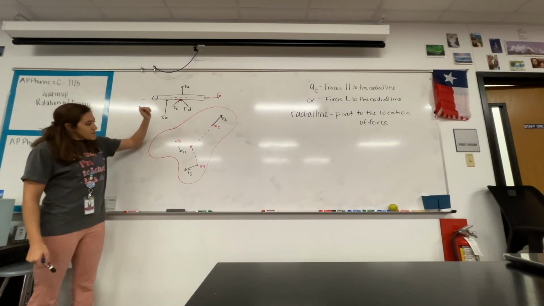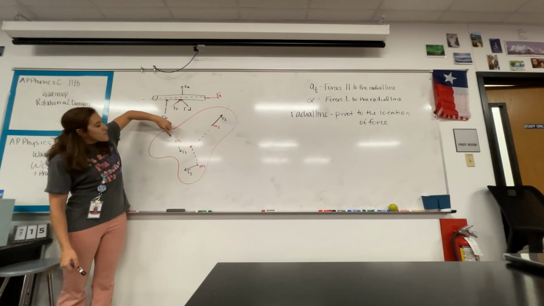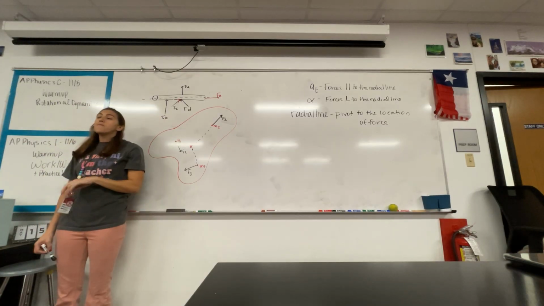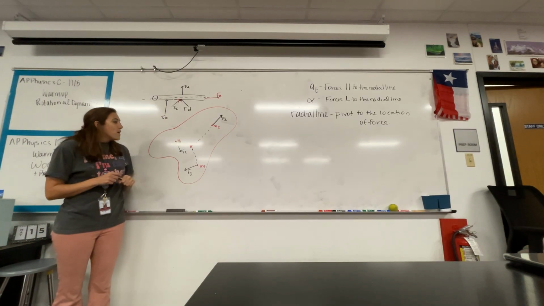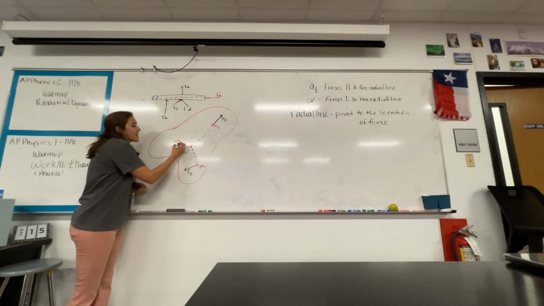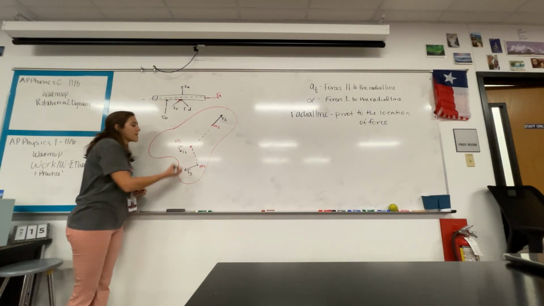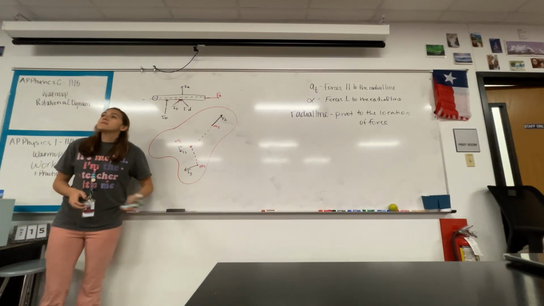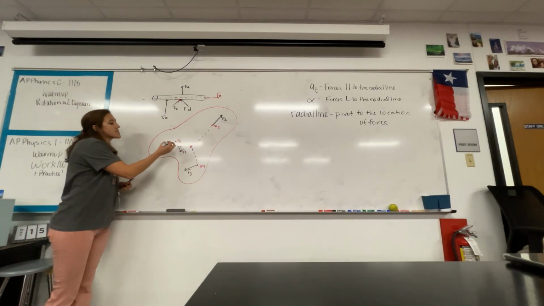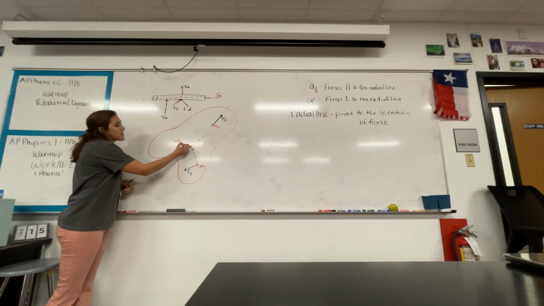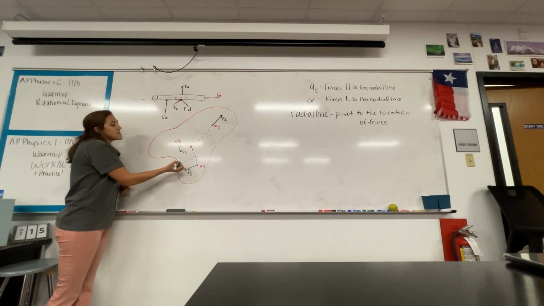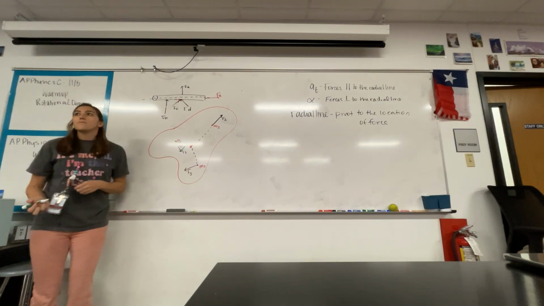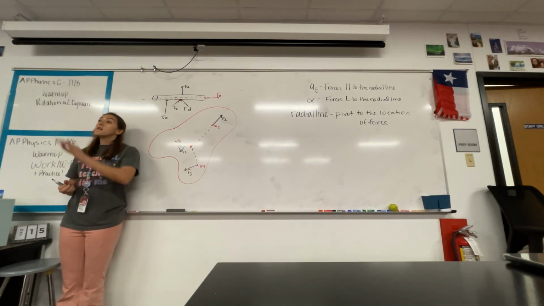So in my amorphous blob, I've got, let's start with mass 1. Mass 1's being pulled on with F1. Right? This angle here is very clearly not 90 degrees. I don't know what angle it is, but it's not 90. So that means some portion of the force is going along the radial line, and some portion of the force is going out perpendicular to that radial line.